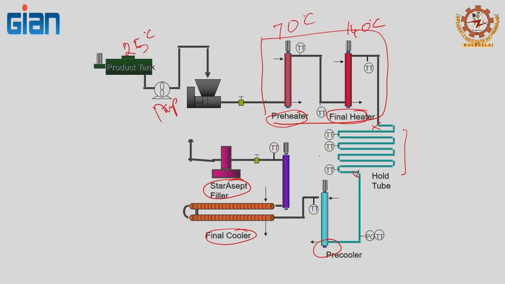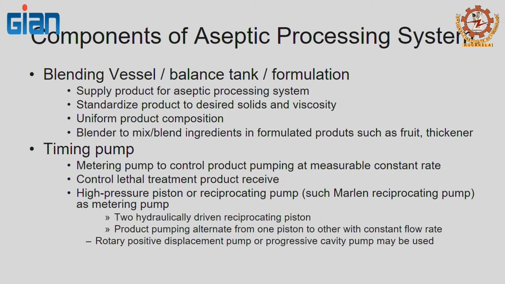So, the concept of aseptic processing can be adapted to ohmic or microwave heating, and you are able to achieve the same products. Later, when we talk about pulsed electric field processing and high pressure processing, there are continuous methods which also employ a very similar concept, where this section is replaced by an appropriate unit, and then you are able to achieve the process.